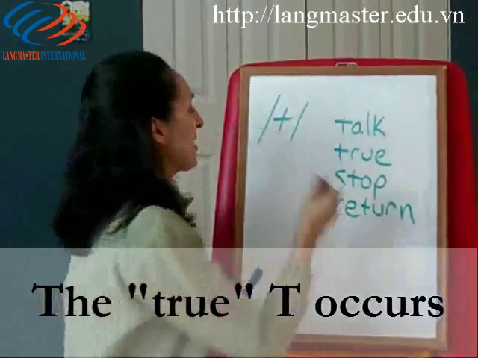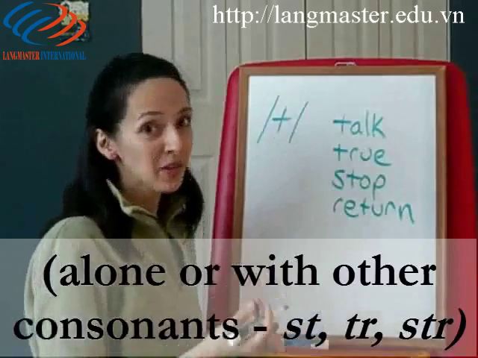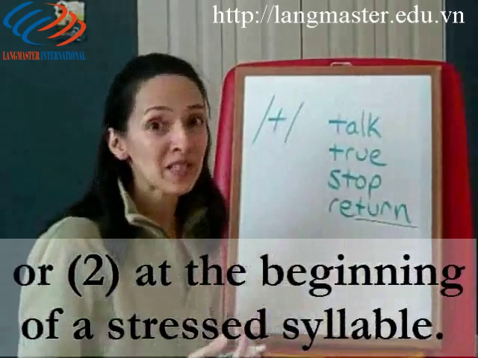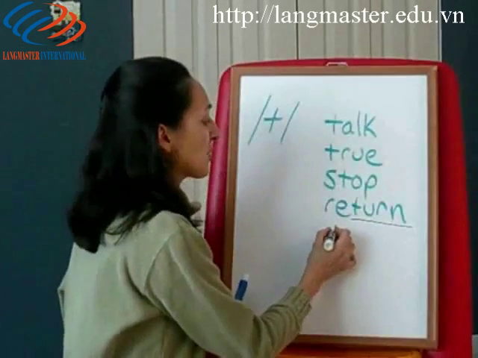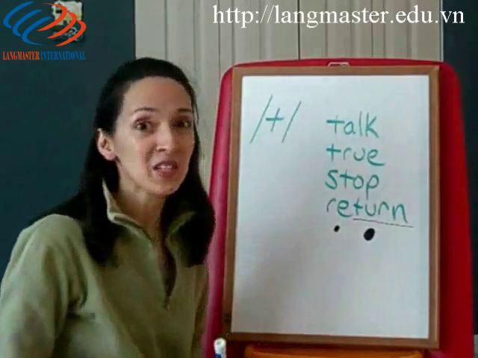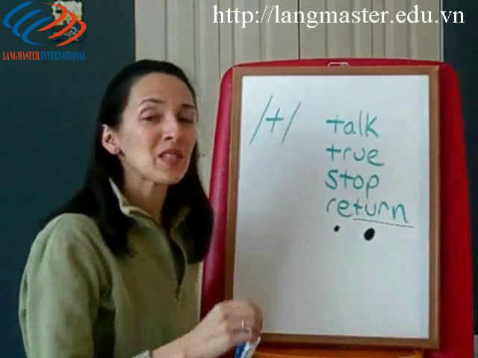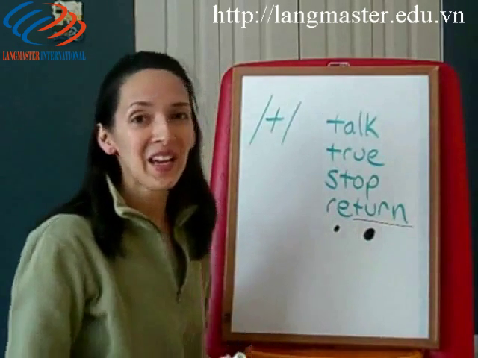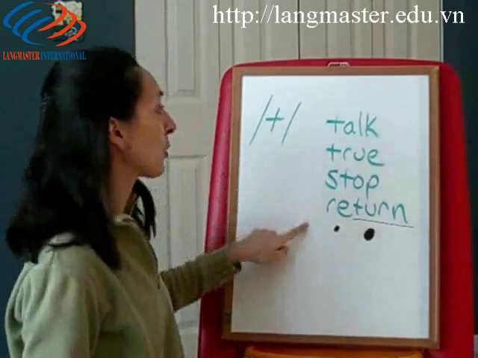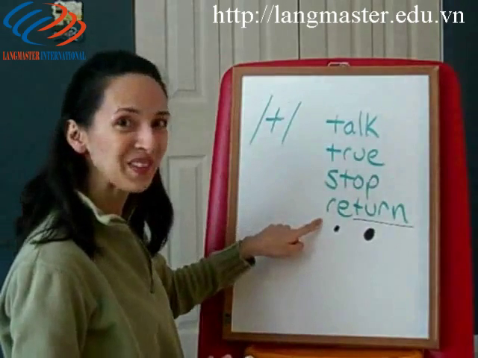So the true T occurs at the beginning of words, either alone or with other consonants, or at the beginning of a stressed syllable. Return has two syllables, but it's the second syllable that is stressed. T is at the start of that syllable, so we say return. Again, the true T, t, t, t, is in all four words: talk, true, stop, return.